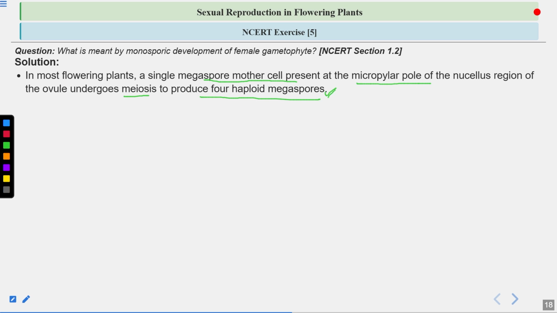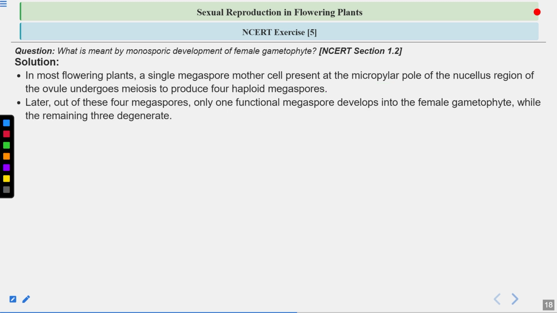So they are telling the same thing: at the micropylar pole, one of the nucellus cells, called the megaspore mother cell, undergoes reduction division or meiosis, and that forms the 4 haploid megaspores.